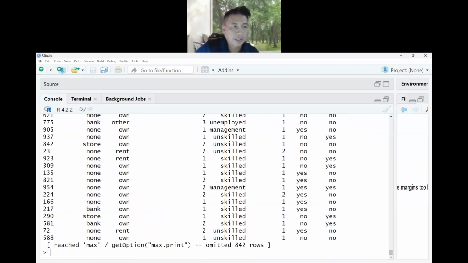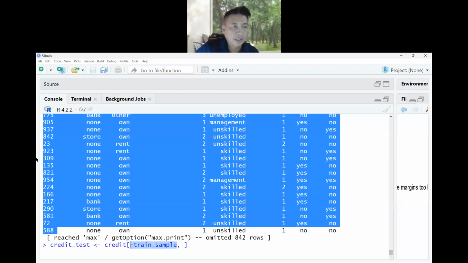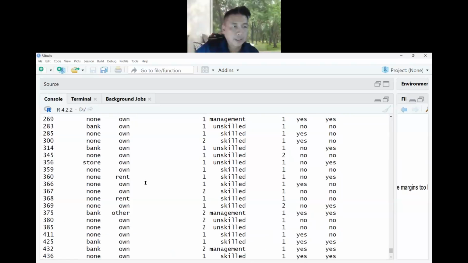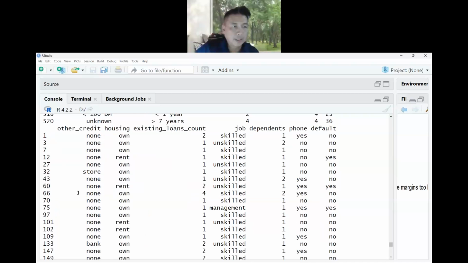And for the remaining, if you look at the command here, it will be negative because we want to exclude all of this, and I will only take the remaining, the 100 which are not included here.